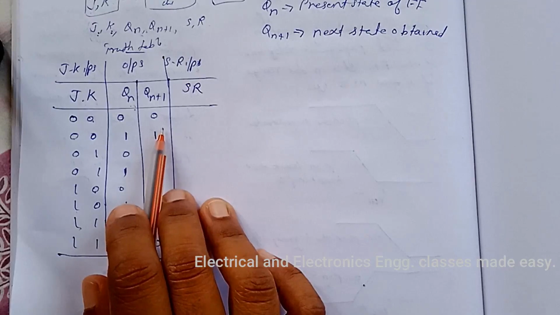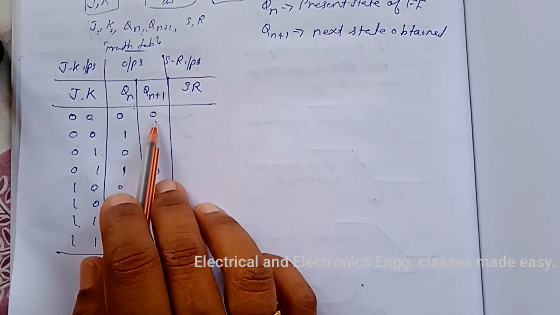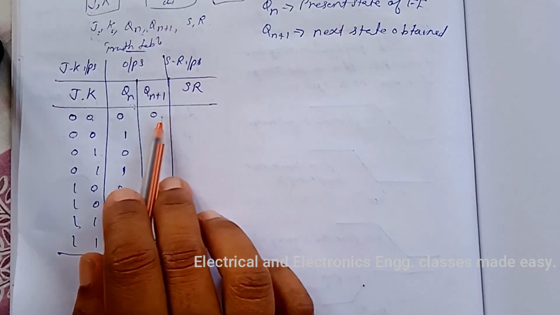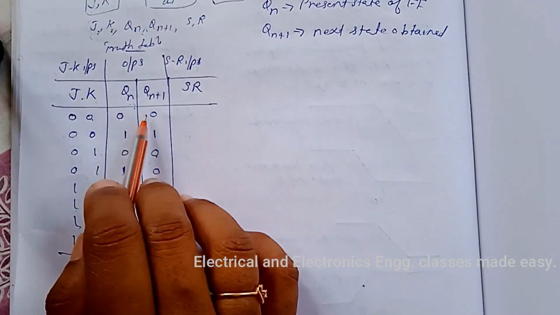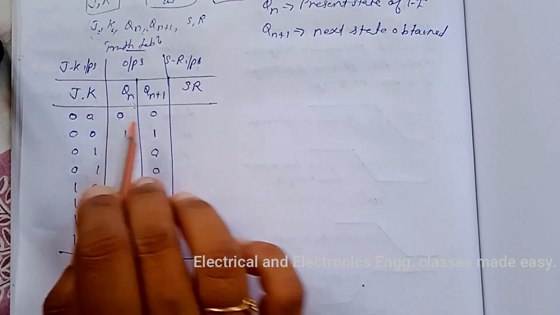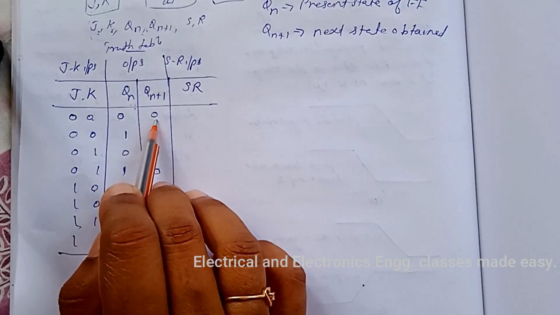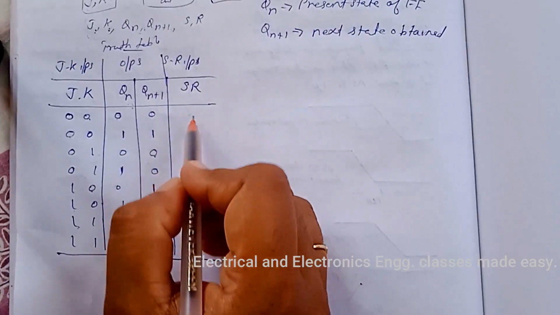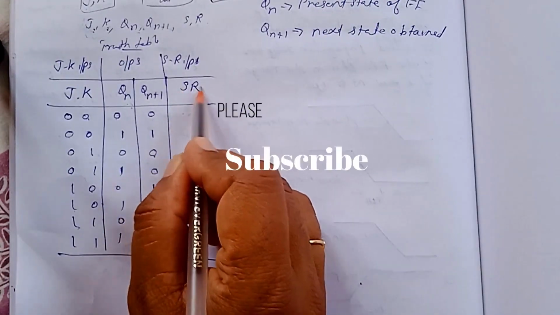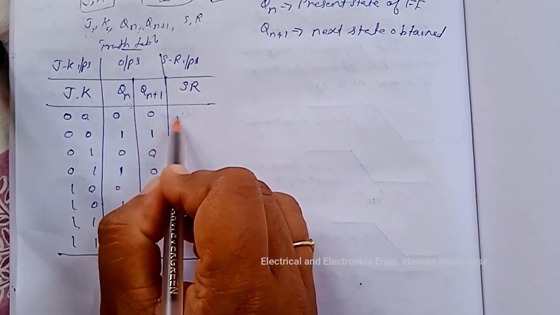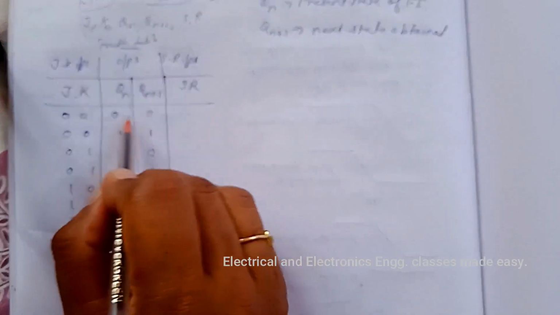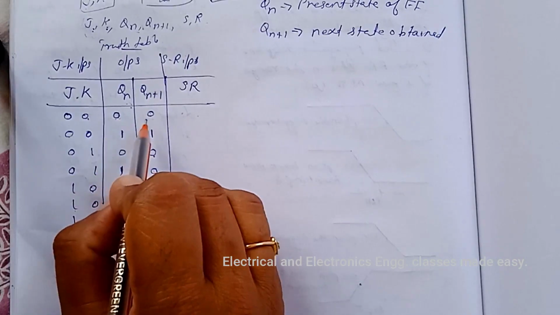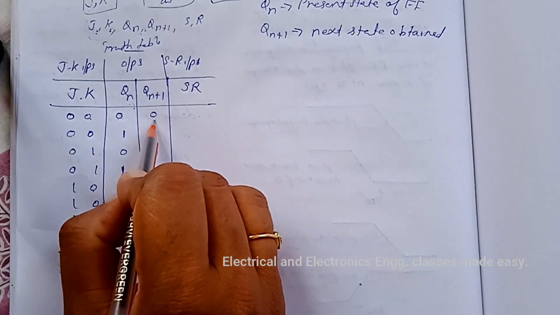That is, we have to write what values of S and R are required to change the state of the flip-flop from Qn to Qn plus 1.